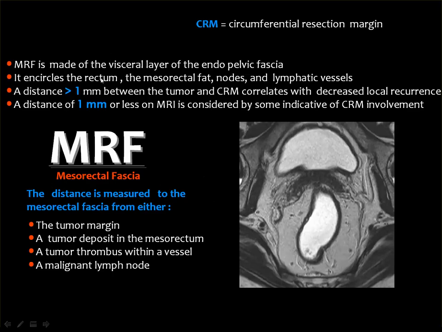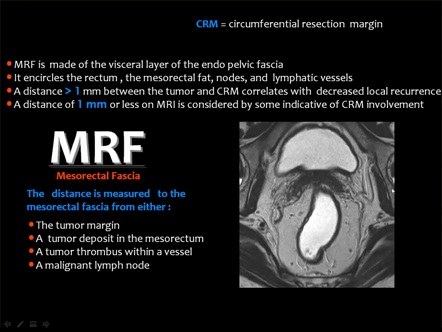The mesorectal fascia is made of the visceral layer of the endopelvic fascia. It surrounds the rectum, the mesorectal fat, lymph nodes, and the lymphatic vessels. A distance of more than 1 millimeter between the tumor and the mesorectal fascia correlates with decreased local recurrence.